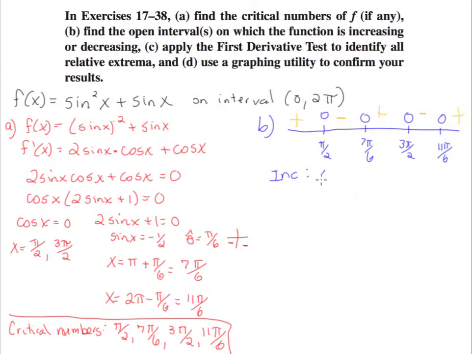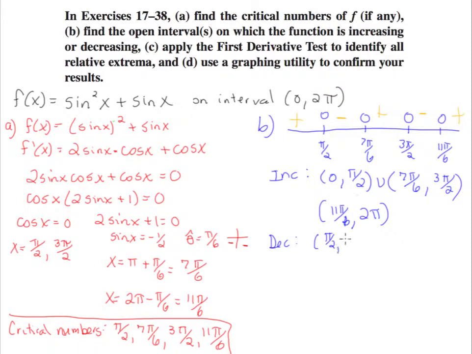So for my answer, the intervals in which the function is increasing are from 0 to pi over 2, 7 pi over 6 to 3 pi over 2, and finally 11 pi over 6 to 2 pi. Intervals in which the function is decreasing: pi over 2 to 7 pi over 6, union 3 pi over 2 to 11 pi over 6.